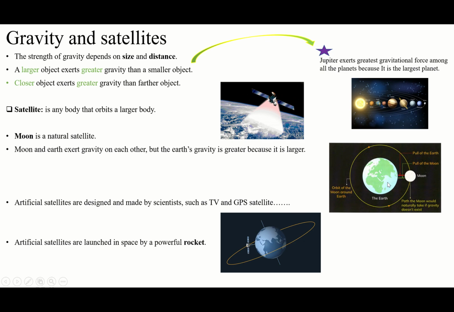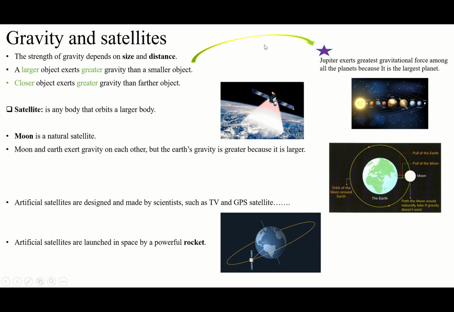Why? Because Earth is larger. If we have something else connected with the Earth that is larger than the Earth, then in this case the other one will exert a greater gravitational force.